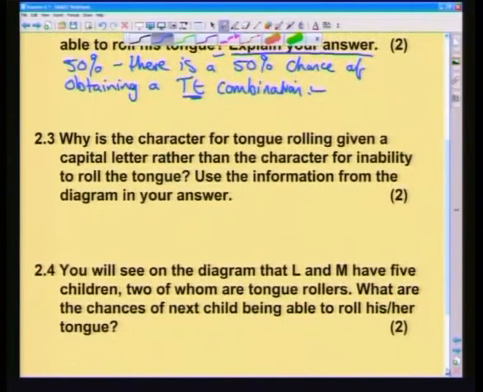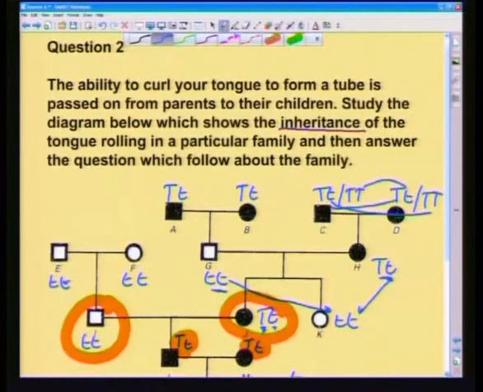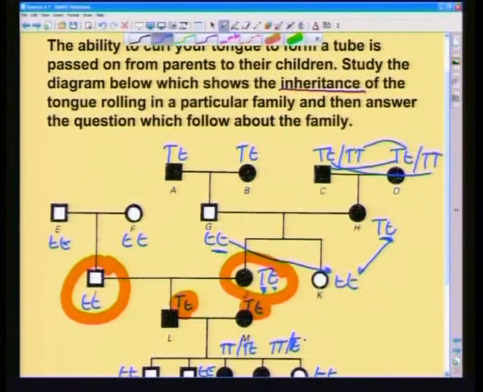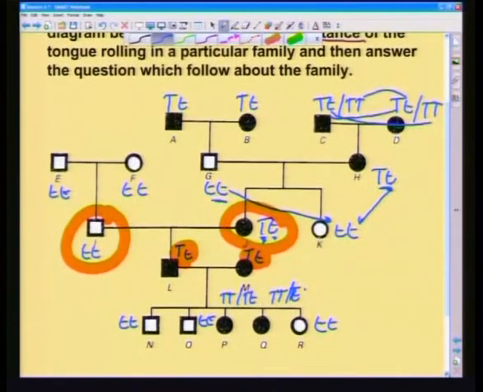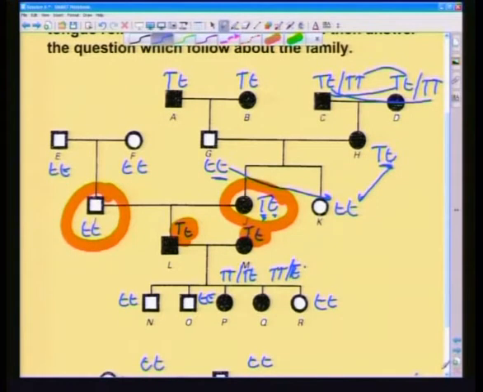Why is the character for tongue rolling given a capital letter rather than the character for the inability to roll the tongue? Use the information from your diagram to answer your question. Now, our diagram was one back. All we have to do is look at this diagram here. You can't say, well, the key says so.